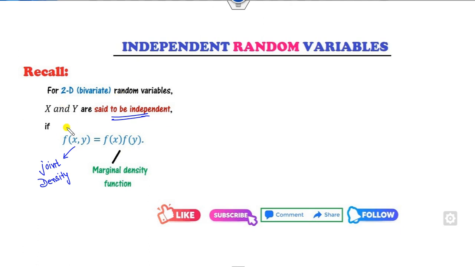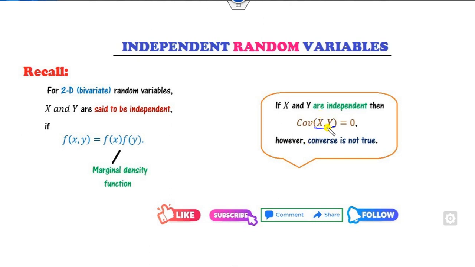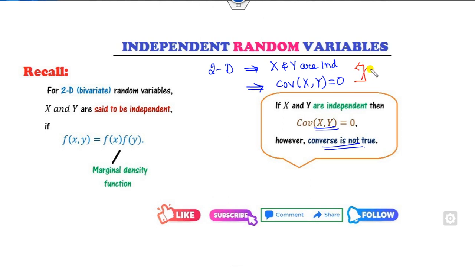Also, we all know that if x and y are independent, then the covariance between them is always 0. But remember, the converse is not true. That means for a two-dimension random variable, if x and y are independent, this implies the covariance between x and y is 0, but the converse is not true.